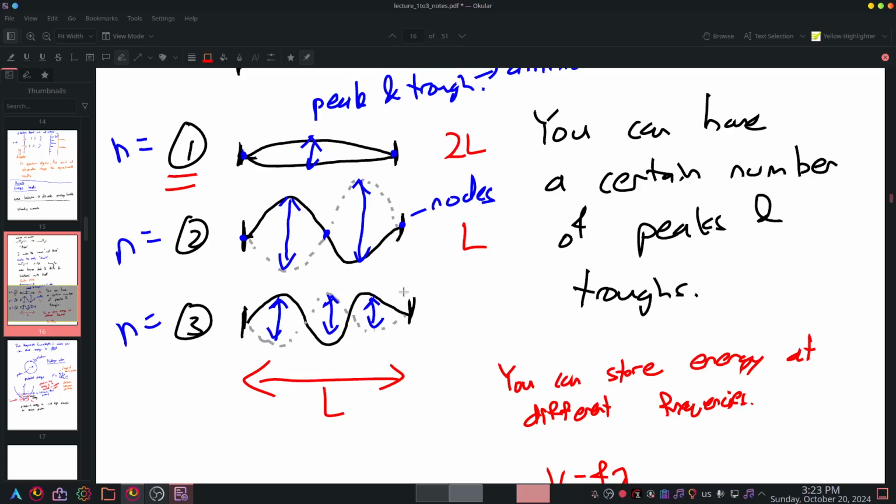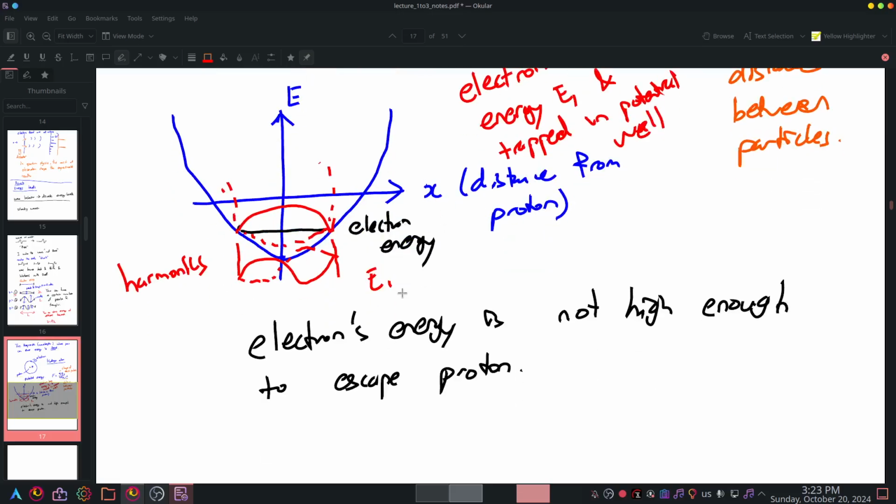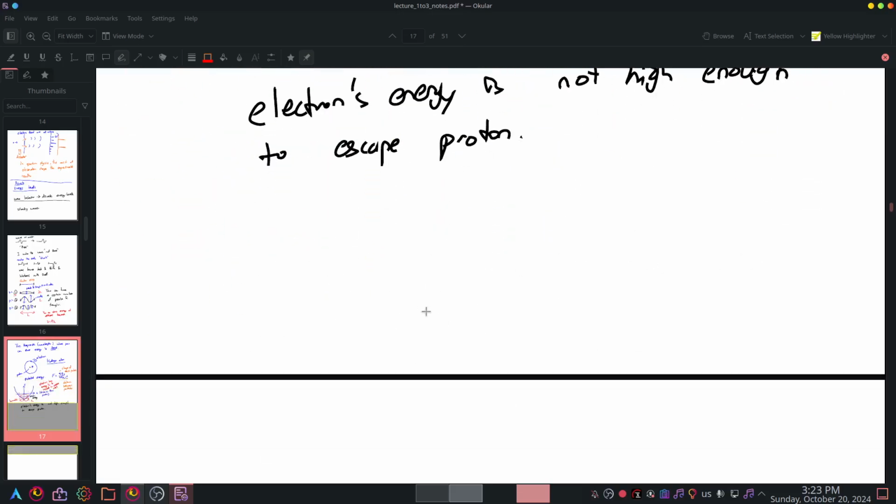The electron behaves like a wave here, and because its energy is less than the potential energy from the Coulomb attraction between positive and negative, that restricts the movement of the electrons. Let me write that down.